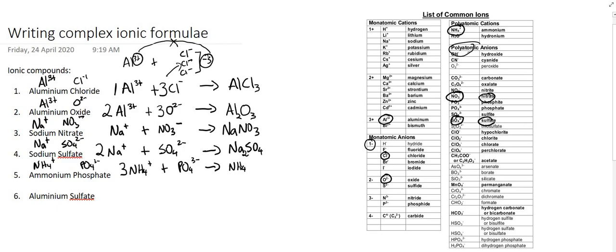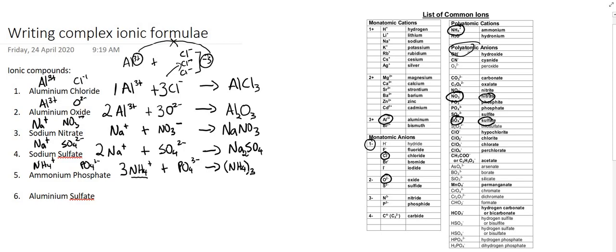Now this is the trick, right? This is the bit where it gets a little bit tricky with polyatomic ions. We need 3 of ammonium ions, 3 of the whole thing. And remember, ammonium is NH4. The whole thing is ammonium, so we're going to put it in brackets because we need 3 of the whole thing. Whatever's in the brackets, we have 3 of those. Every time you need more than 1 polyatomic ion, you need to put them in brackets.